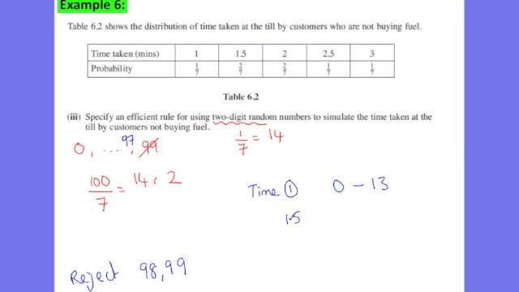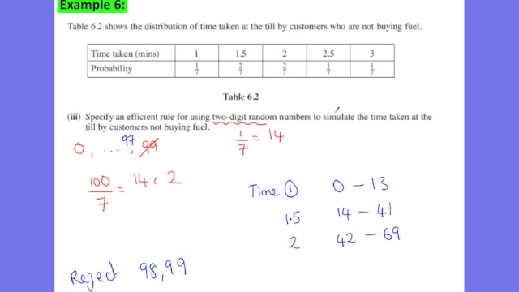Time of 1.5 is 2/7. So this time we're going to take 28 numbers. So we must go from 14 up to 41. Time of 2, same thing, 28 numbers, from 42 to 69.